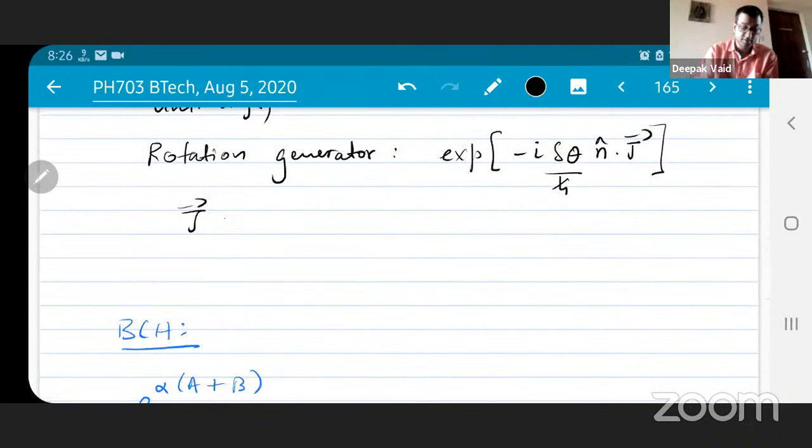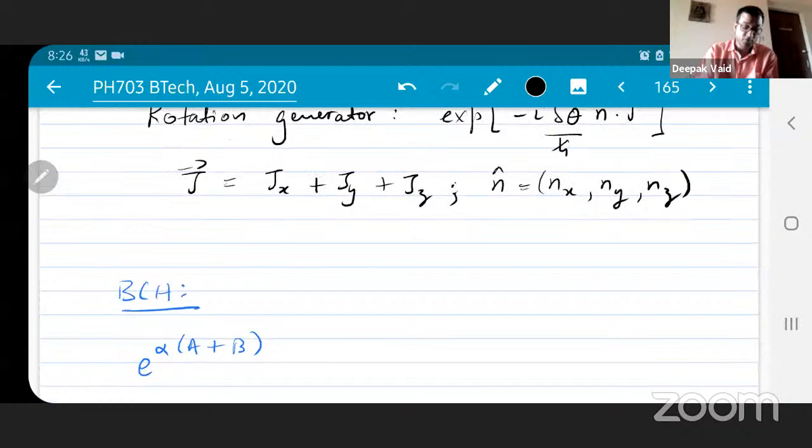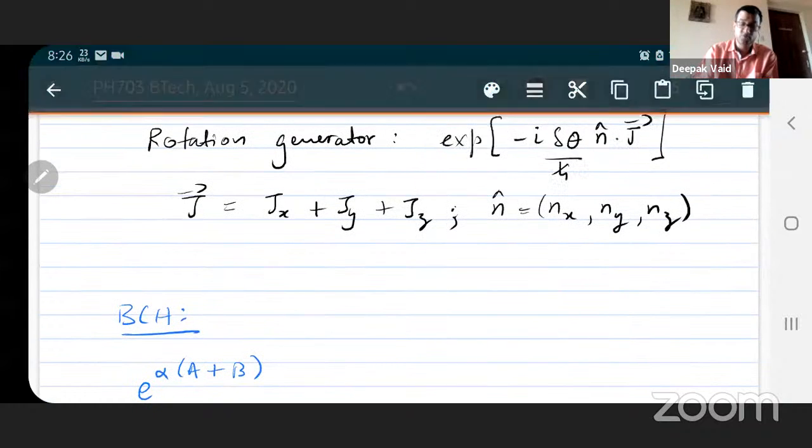What is J? J is the total angular momentum operator. We will see later what this is. And what is n hat? N hat is some three-dimensional unit vector. And what does this do?